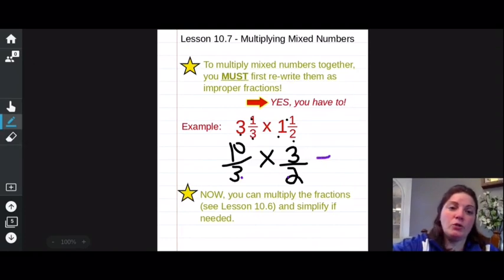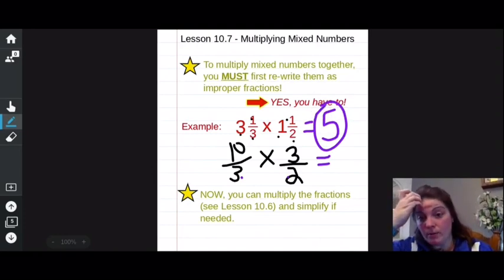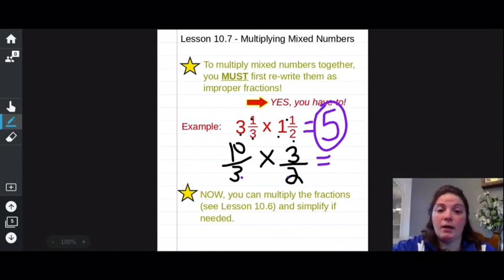Now I'm going to show you another way to get 5. When I look at my problem, 10 thirds times 3 halves, and I look diagonally, I see that diagonally I have a pair of 3's. That means they can simplify. What does 3 and 3 have in common as a factor? Well, 3.